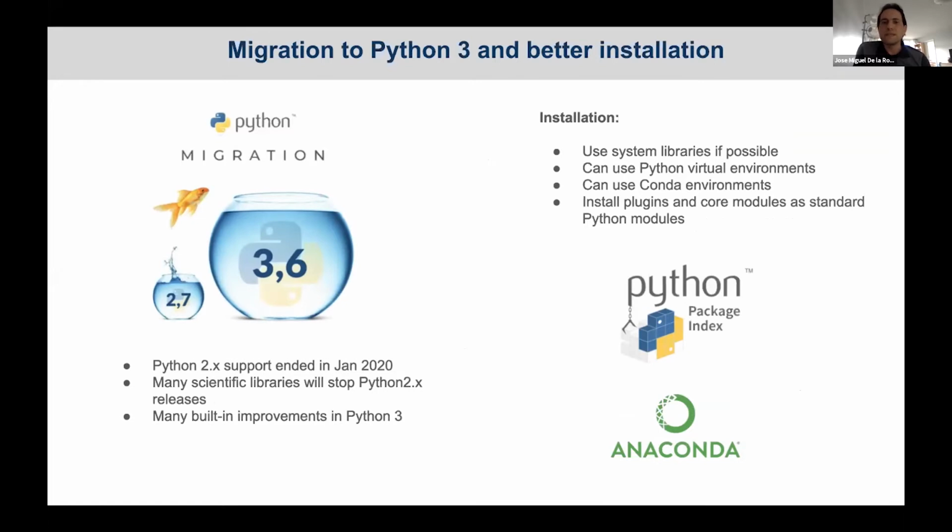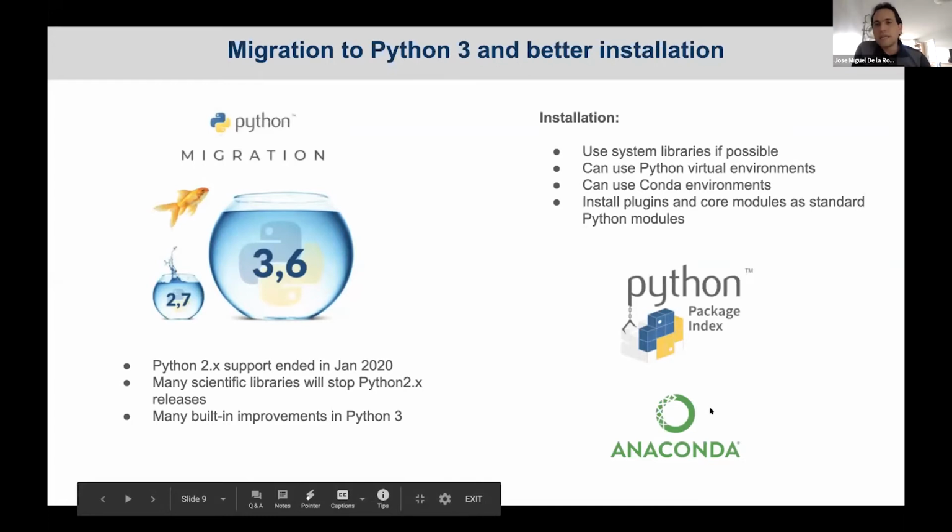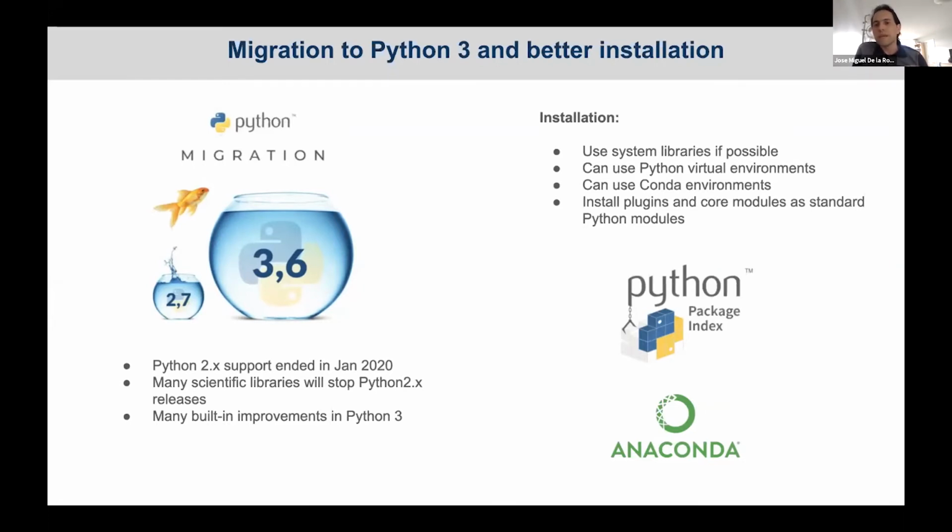So we can now install Scipion using Python virtual environments. You can try different environments, or you can also use Conda, which is also very popular in data science for different purposes. And each of these plugins and modules can be installed as modules. So it will play much nicer with other tools in Cryo-EM or in the general scientific environment.